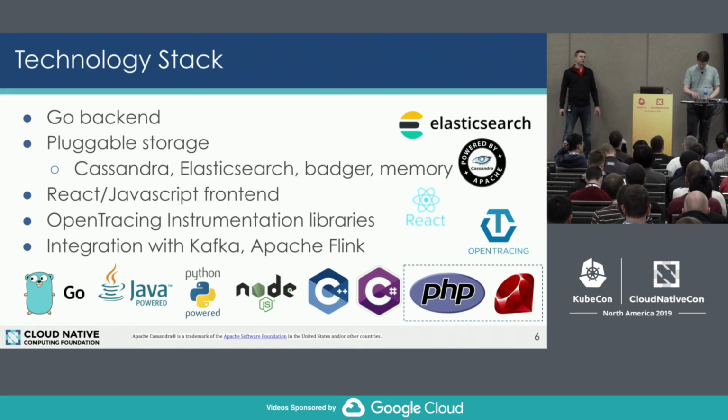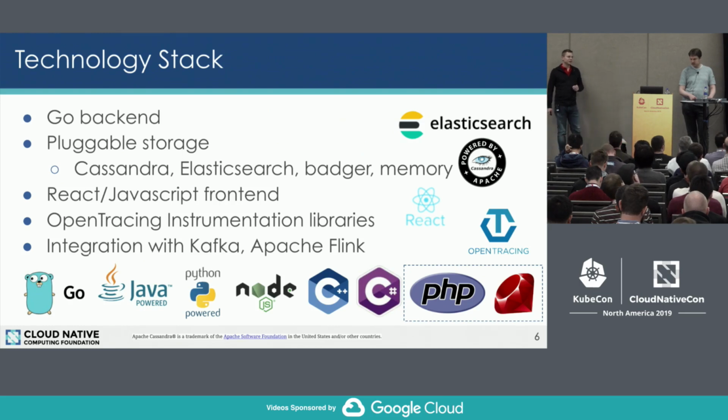As I mentioned before, we have a lot of clients in different languages, so pretty much we support every mainstream language like Golang, Java, Python, Node.js, C++, C#, and there are two community-based PHP and Ruby. Then there is integration with Kafka. We will talk about it a little bit later. And of course, Apache Flink and Apache Spark for data aggregation and data analytics.